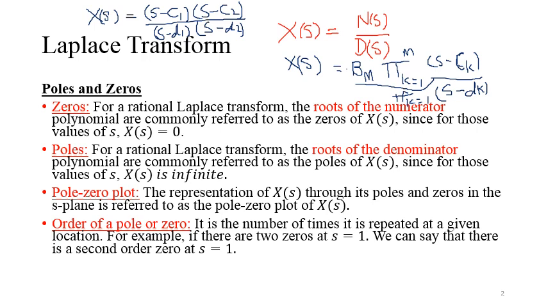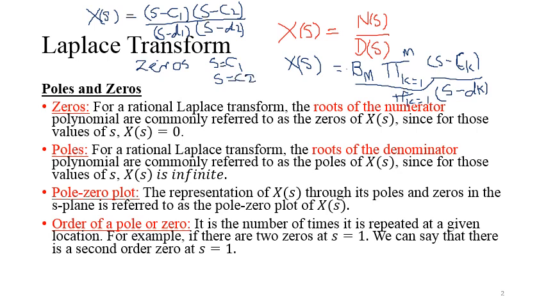If I replace s with c1, this will simplify to 0. Similarly, we have zeros at s equals c1 and s equals c2, so in this case we have two zeros.